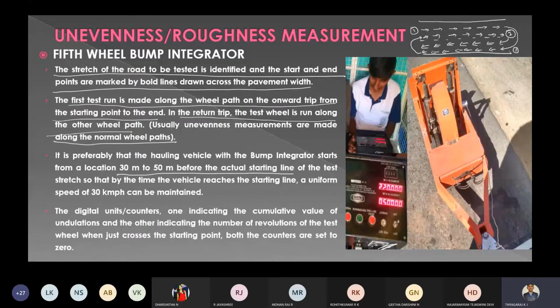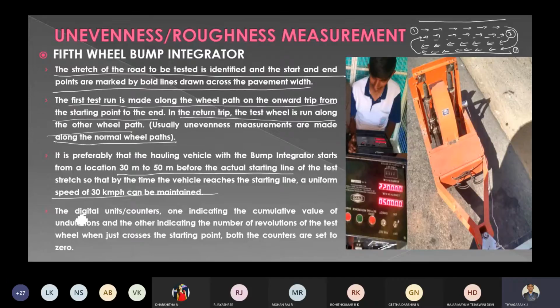If the vehicle speed is maintained as specified by the IRC, you can carry out the experiment throughout the section. By the time the vehicle reaches, a uniform speed of 30 kmph can be maintained. If you maintain 30 kmph at the earlier stage, it will be maintained throughout the length of the road.